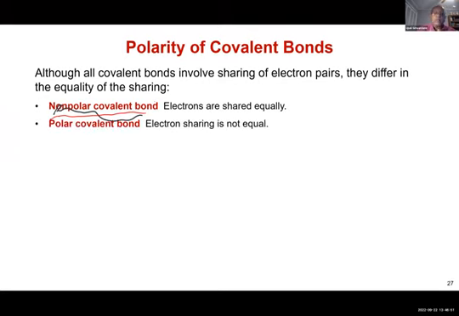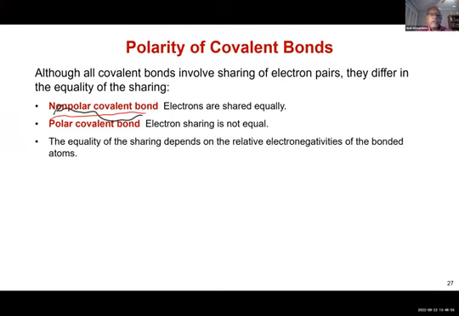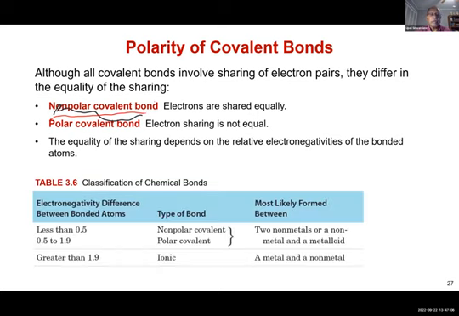Polar covalent bond. How do you know molecule has polar covalent bond? The equality of sharing depends on the electronegativity. If they are unequal electronegativity, it creates a polarity. This is the diagram. If the electronegativity difference is less than 0.5, it's a non-polar covalent. Carbon hydrogen bond is non-polar.